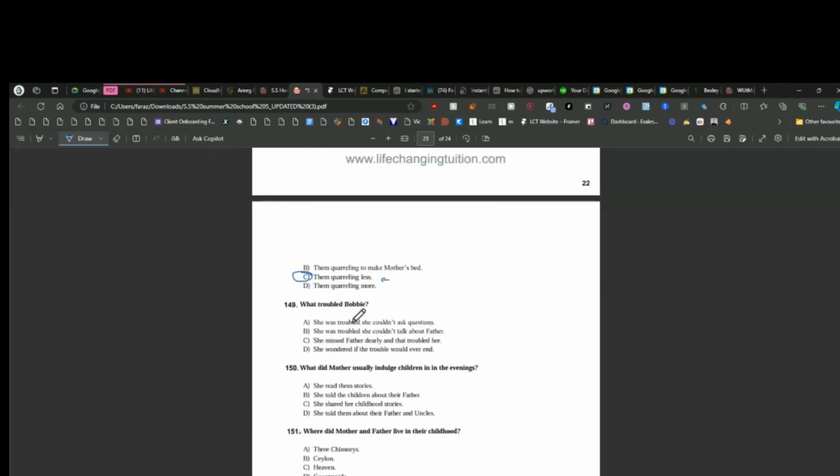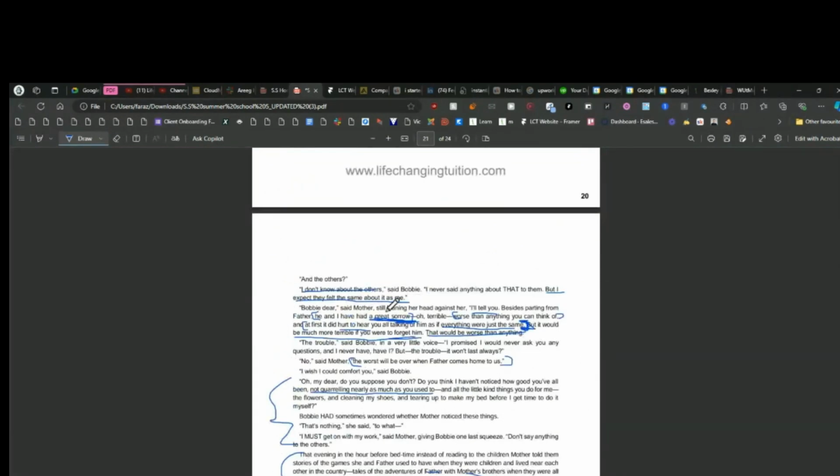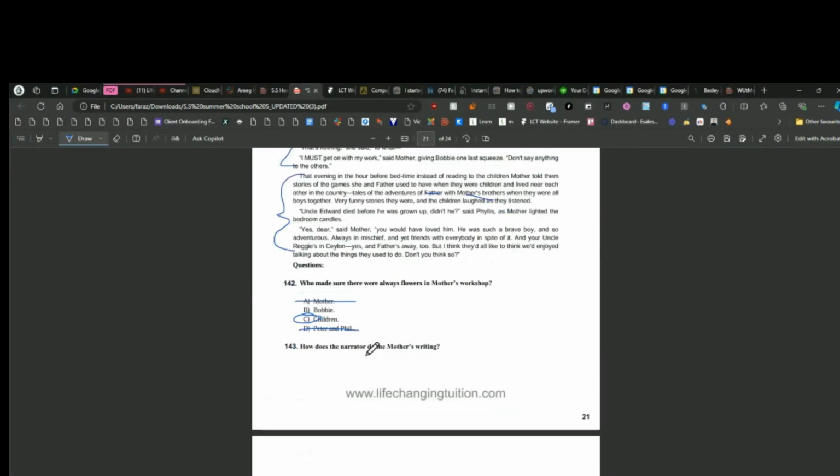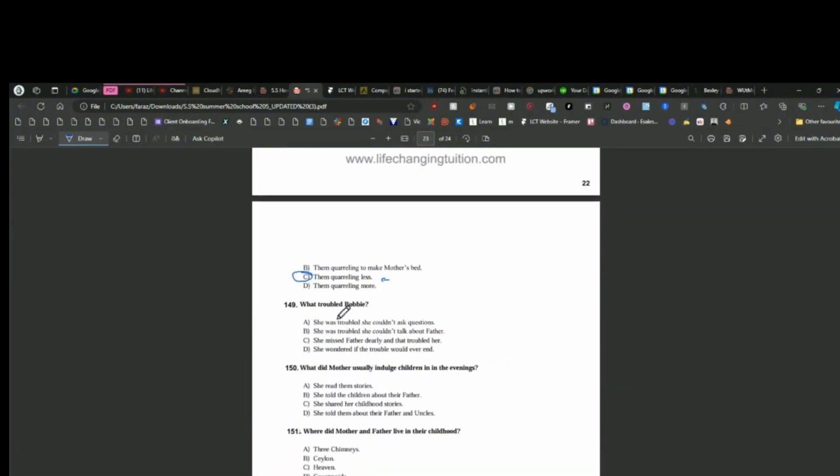I don't actually see anything directly that is saying something is troubling Bobby. Let's see what the options say. She was troubled she couldn't ask questions. She was troubled she couldn't talk about father. She missed father dearly, and that troubled her. She wondered if the trouble would ever end. Okay, I'm gonna come back to this question.